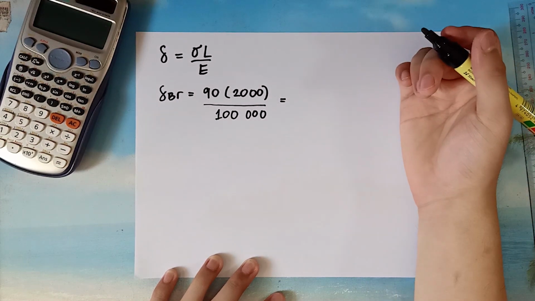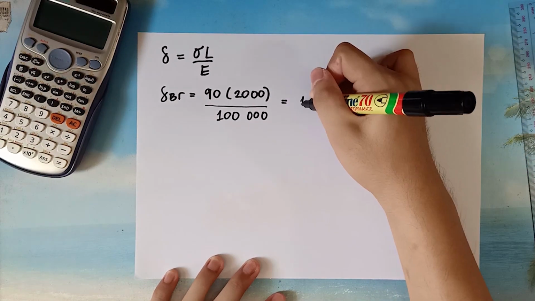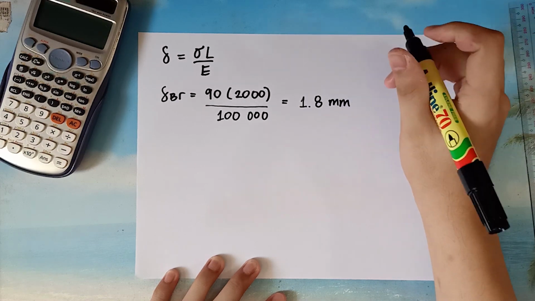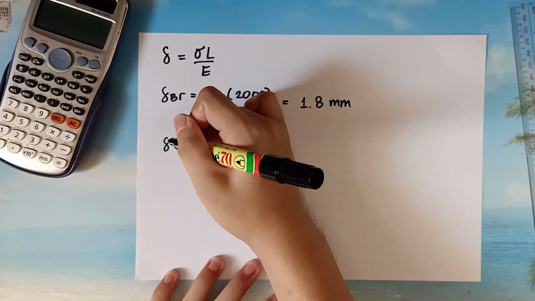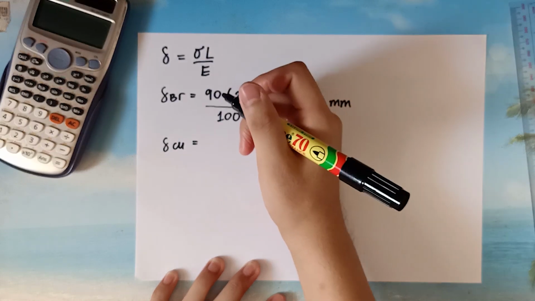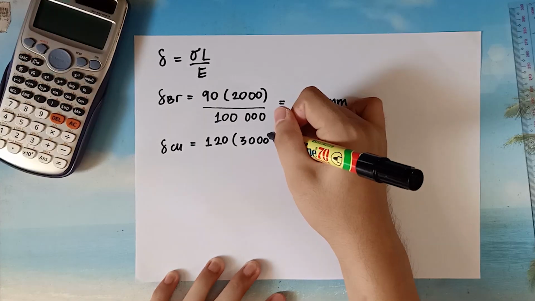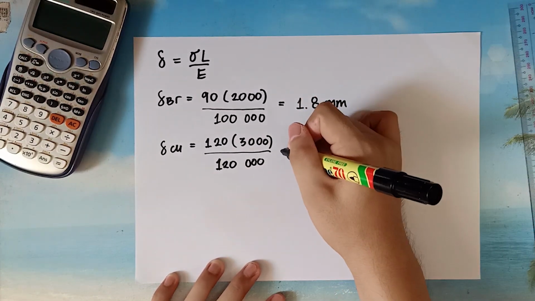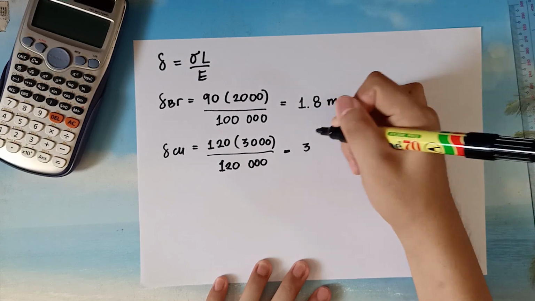By solving it, we come up with 1.8 millimeters. So that will be the strain on the brass rod. And now we are going to compute the strain in the copper rod. Again, we substitute the values from the given, and we come up with 3 millimeters of strain.